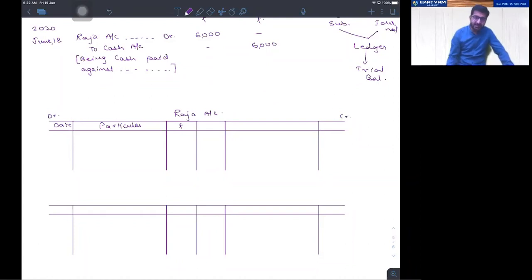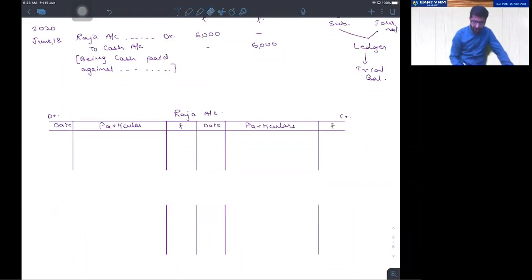The DR on the debit side represents debit records and the CR on the credit side represents credit record. So on the credit side also we'll have the same columns: date, particulars, and amount in rupees. Right?